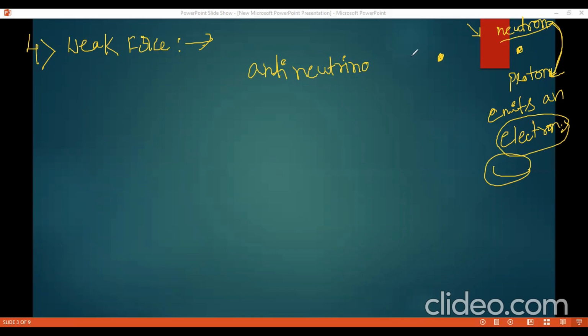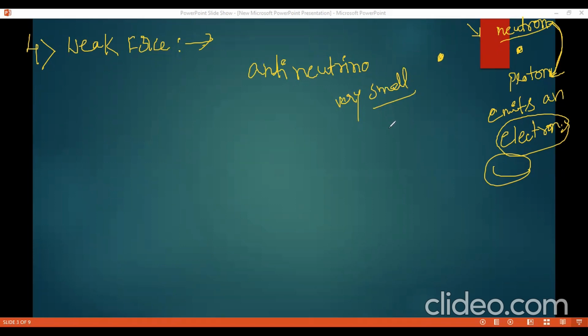The range of this force is somewhat small, because this involves the neutron. It will be very small.